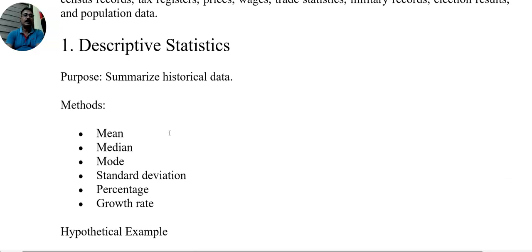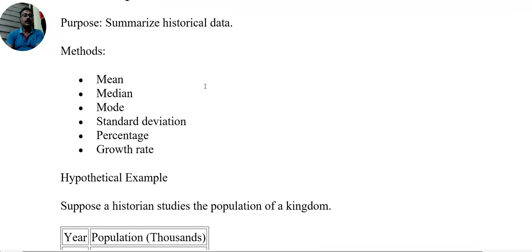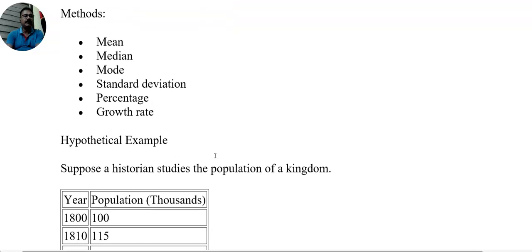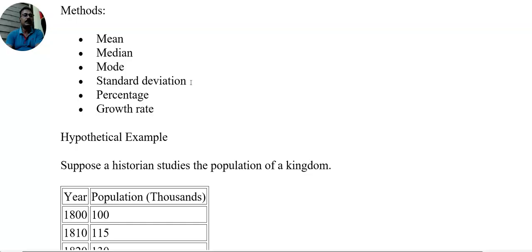Descriptive statistics: what is the purpose? Summarize the historical data. What are the methods? The tools are mean, median, mode, standard deviation, percentage, growth rate. From the very basic level, these are the basic tools that may be applicable in historical research.